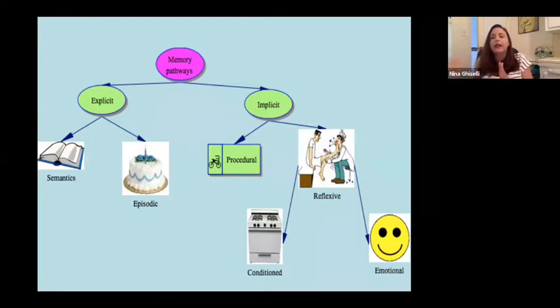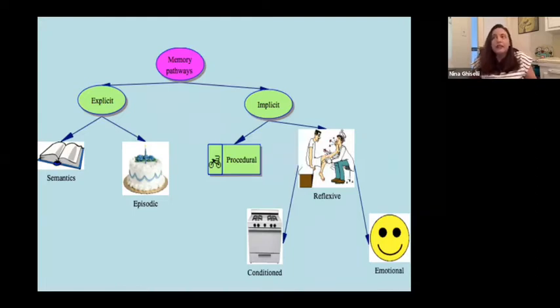Next is reflexive. The reflexive memory is implicit because it just happens, poof. It's a reflex. So for example, my stove is over there. If I touched it and it was hot and I moved my hand, that is a reflexive memory that is conditioned.